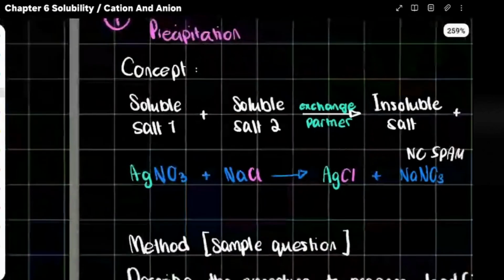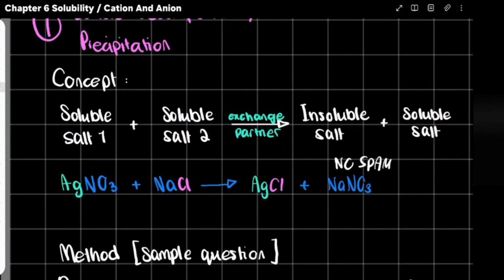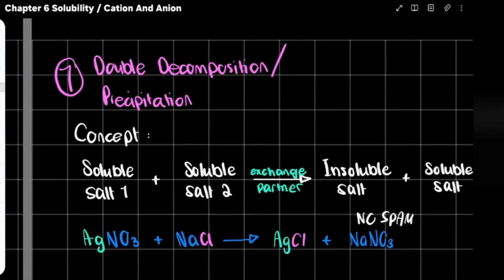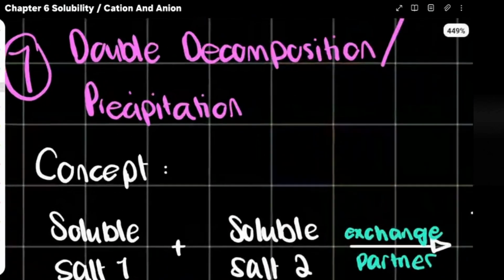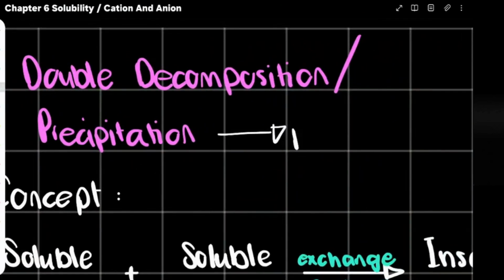So far understand? This is the concept of precipitation. The topic we're going to learn is precipitation. Precipitation means the product later on, you're going to see some precipitate.